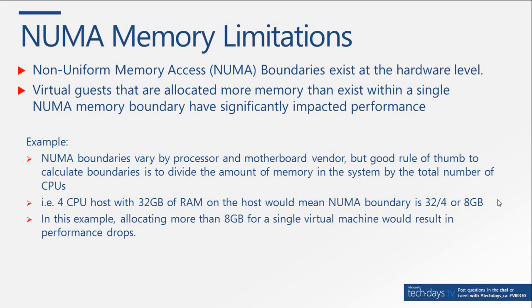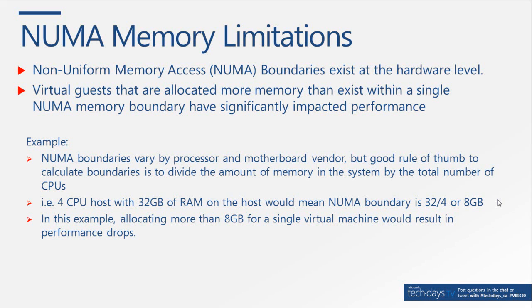So that essentially means that if you have, for example, a server that's got 32 gigs of RAM and 4 CPUs, your NUMA boundary, or the optimal amount of memory to allocate to a virtual machine, is 8 gigabytes. Because you've got 32 gigs of RAM total, evenly distributed across all the CPUs, it would be 8 gigabytes per CPU. So 32 divided by 4 equals 8.